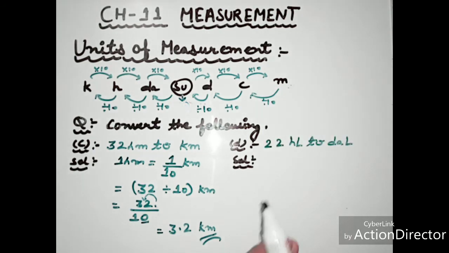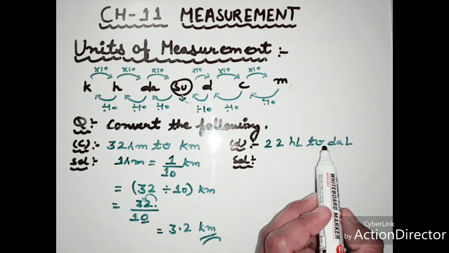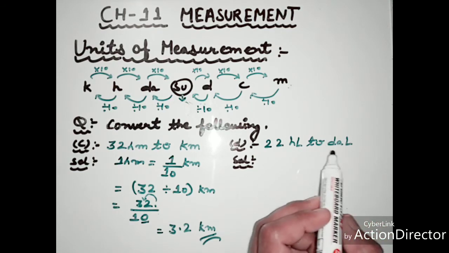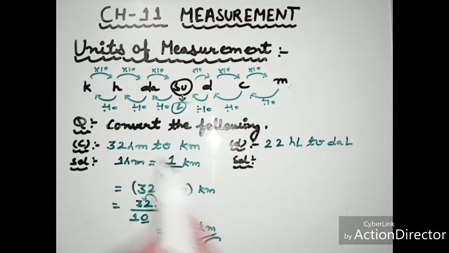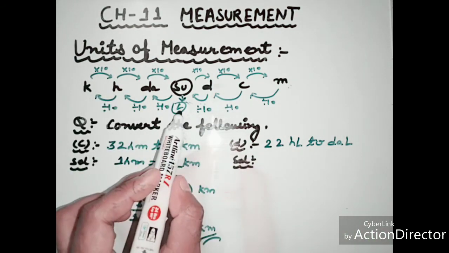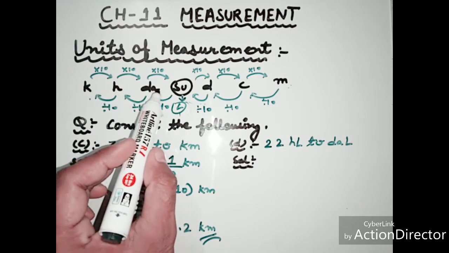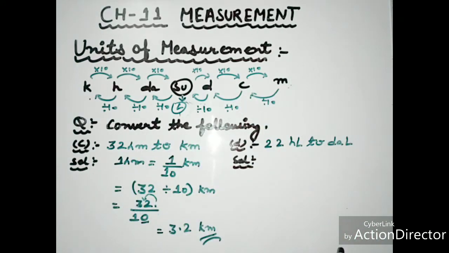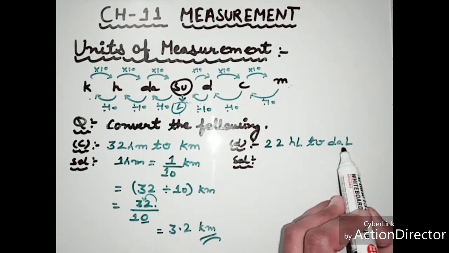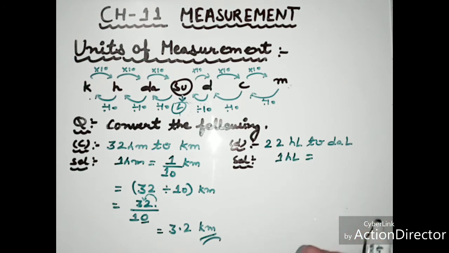Now the next example, example number D, 22 hectoliter to decaliter. So here the standard unit is liter, so the all prefix standard unit liter means kiloliter, hectoliter, decaliter, liter, deciliter, centiliter and milliliter. So first we check how many decaliters in 1 hectoliter.